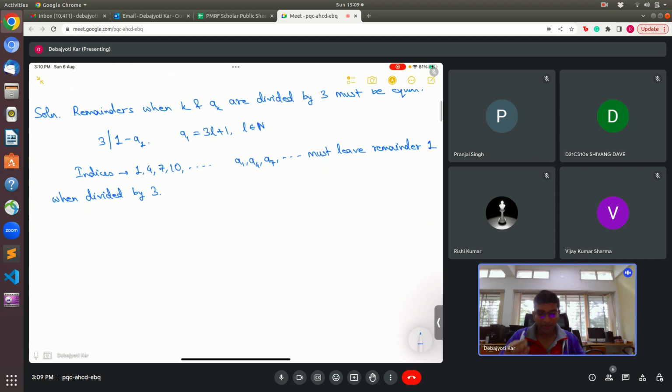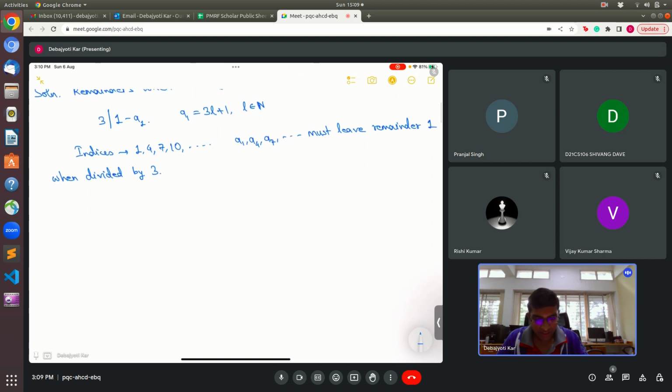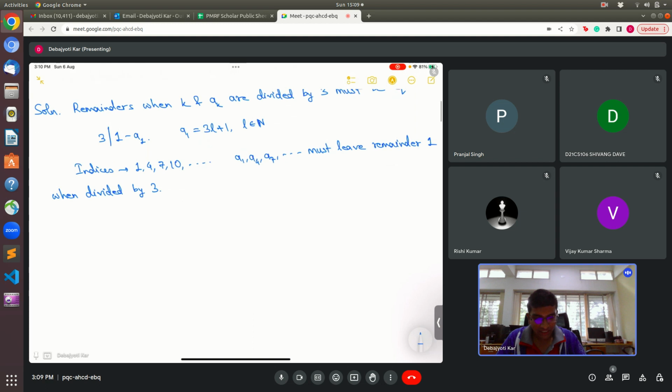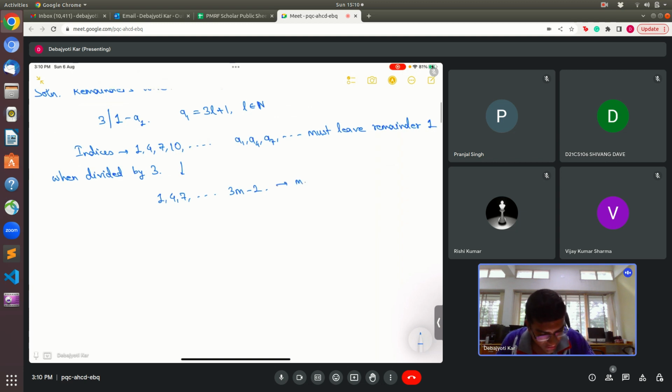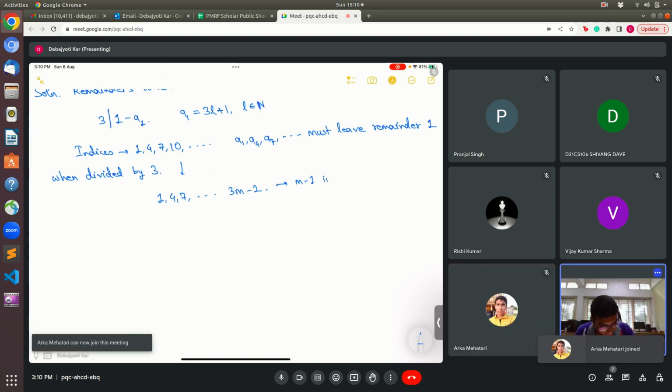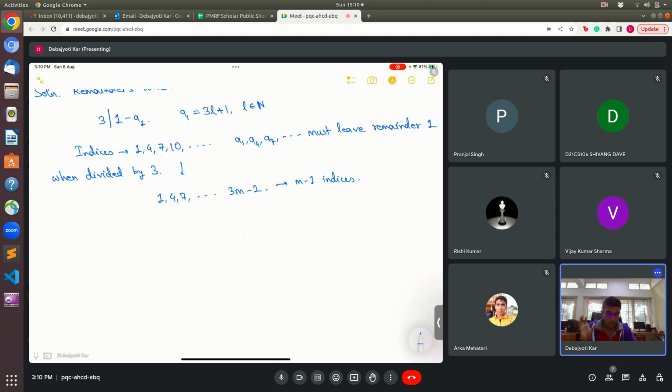So then what is happening? If you consider any of these indices 1, 4, 7, 10, how many such indices are there? This is up to 3m minus 2, right? And in these positions, the corresponding numbers should also leave remainder 1 when divided by 3.